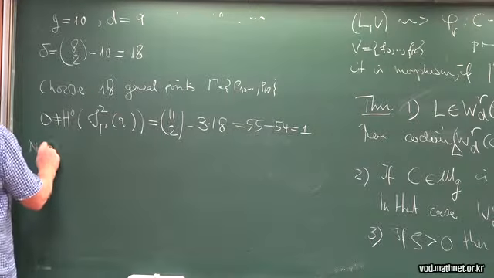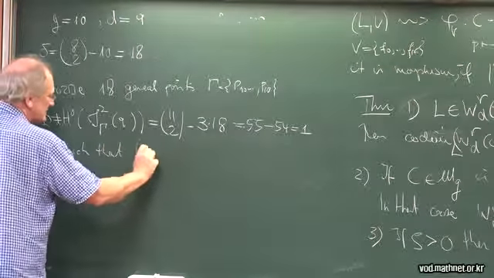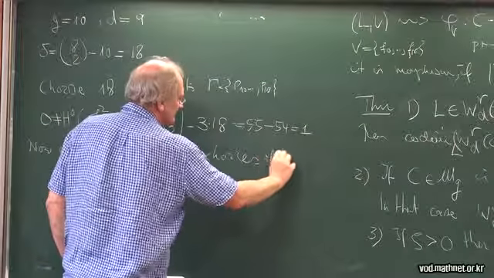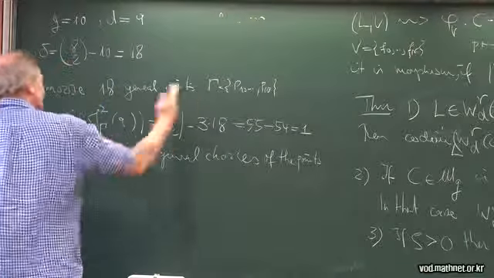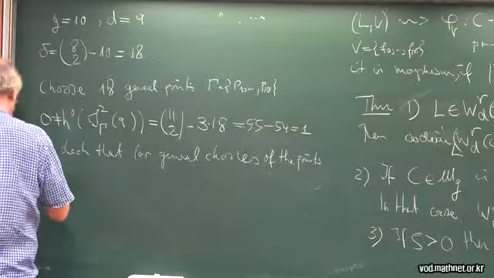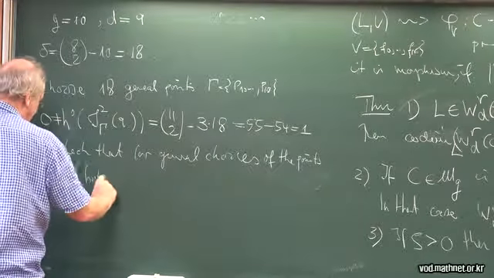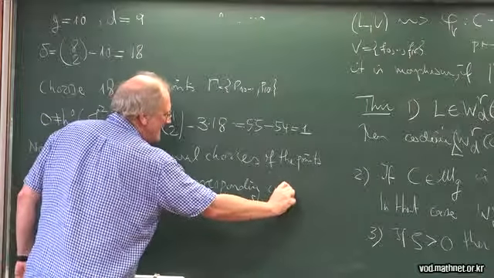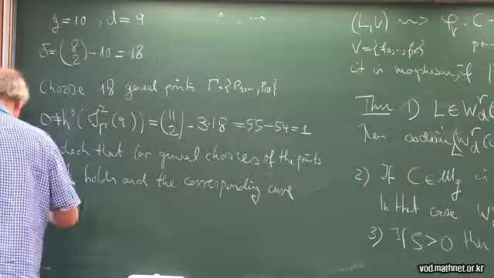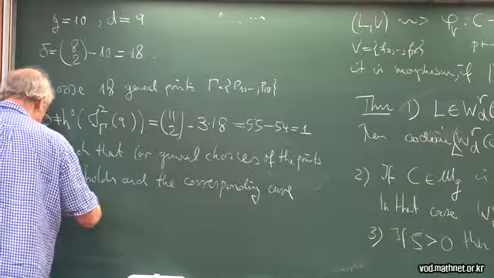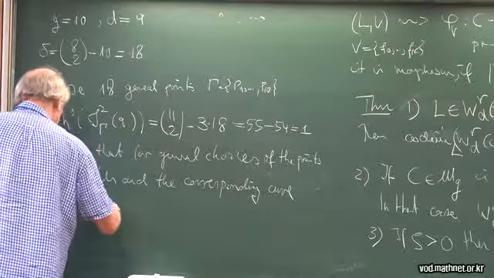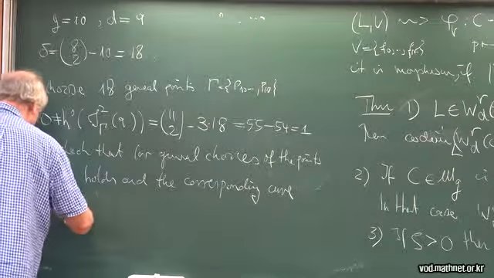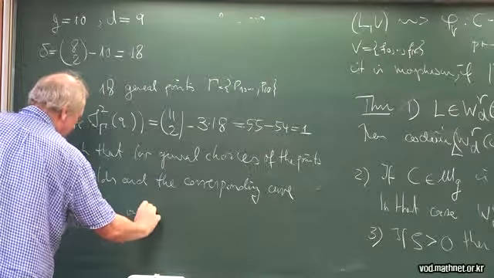Check that for general choices of the points the equality is true, so H0 of this holds, and the corresponding curve has nodes only, is smooth outside gamma, has singularities only in gamma.